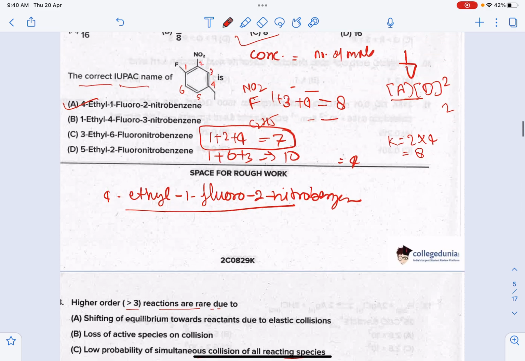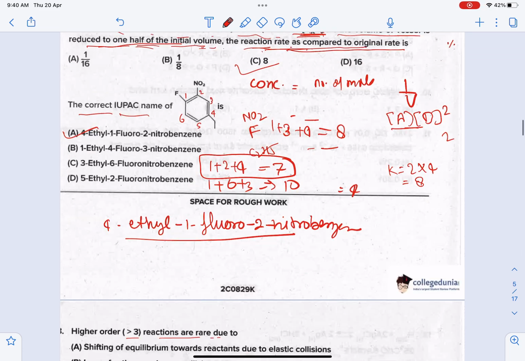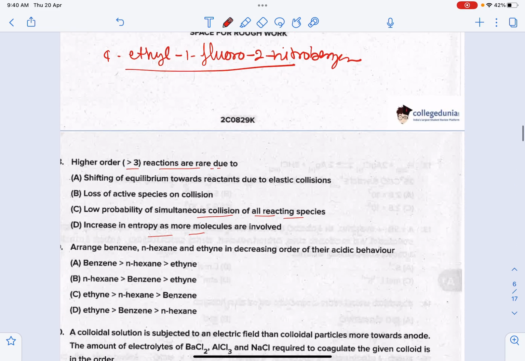So the correct option will be C, low probability of simultaneous collision of reacting species. As you know, reactions with molecularity greater than 3 are rare because of the low probability of simultaneous collision.